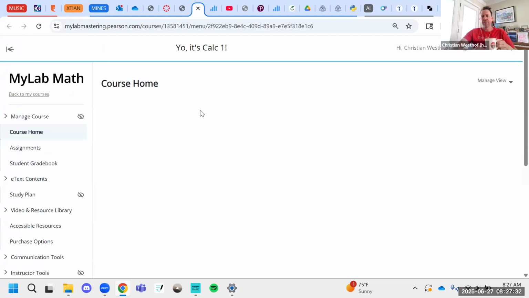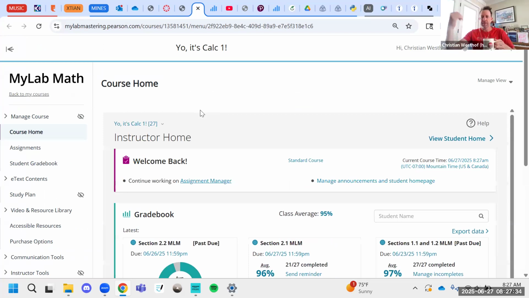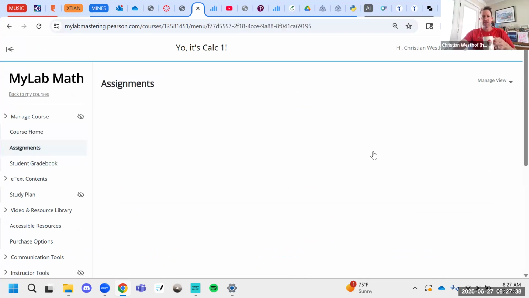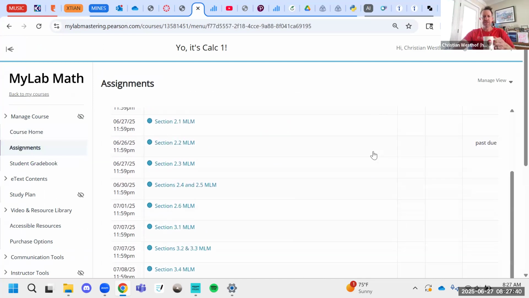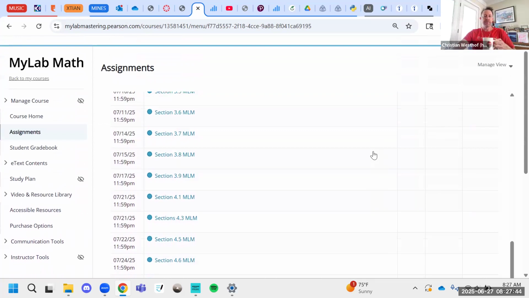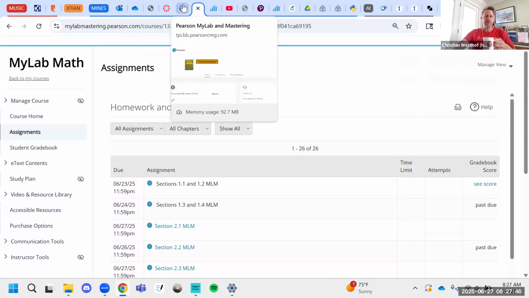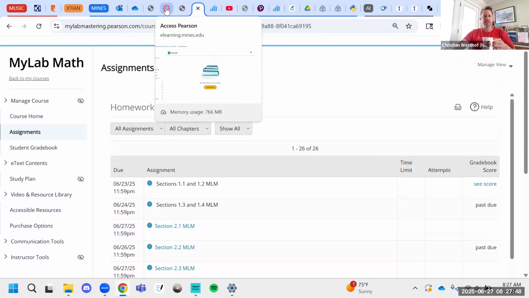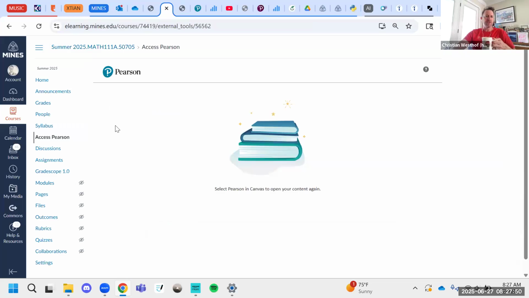Here you go, and then you're in, and you can access all of your MyMathLab assignments through here. Click assignments, and all of these should be available to you now, so you could do them all today if you wanted. That's a workaround for those links.